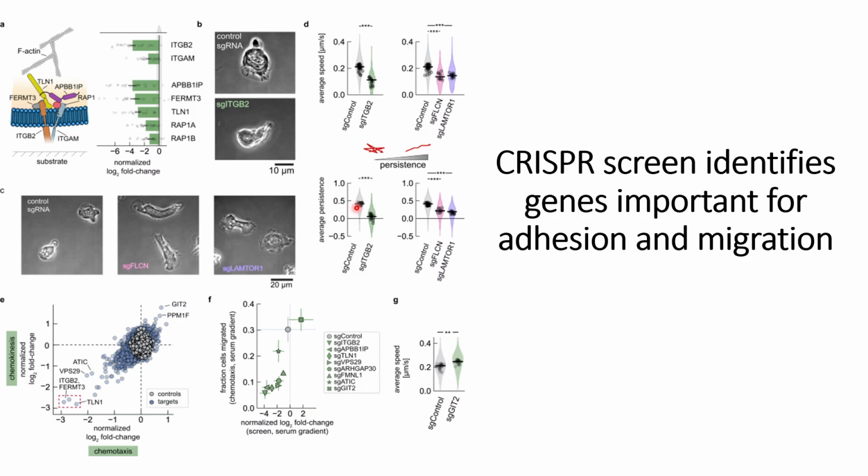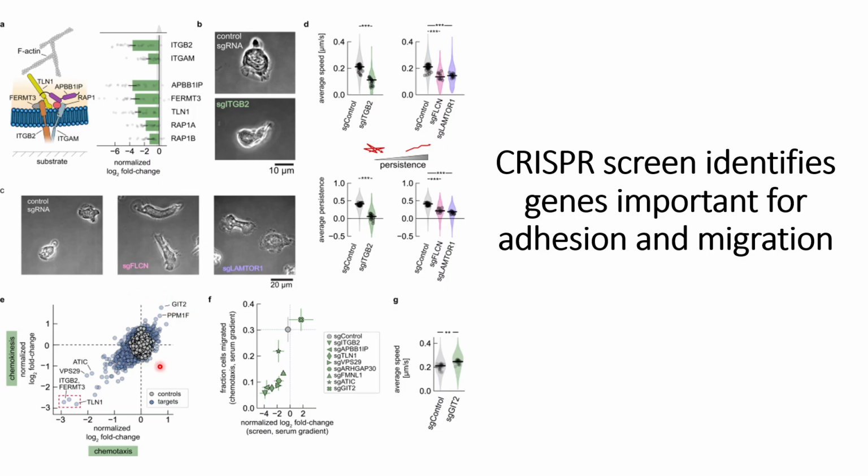So this indicates that these guide RNAs, that is ITGB2, FLCN and mTOR1, play a role in migration, and the absence of these genes will cause suppression of migration.